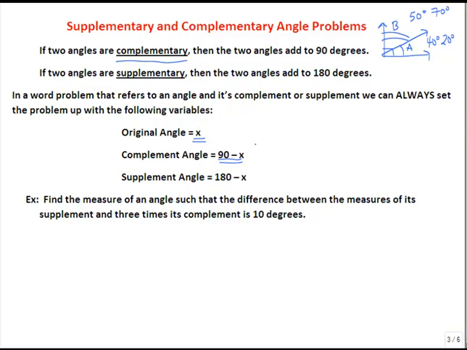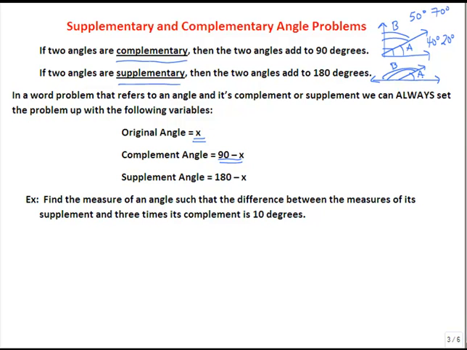Now another vocabulary word that's very similar to complementary is the word supplementary. Supplementary means two angles that add to 180 degrees. So if you think about just a straight line going across and a little ray that bisects it, here angle A would be over here and angle B might be this one right here. And angle A plus angle B form that straight line, and a straight line has a measure of 180 degrees.